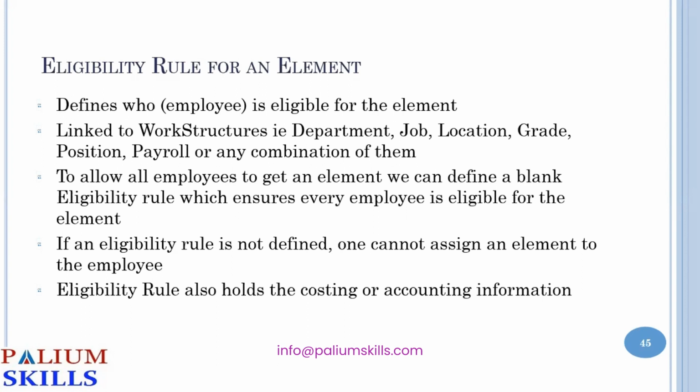Eligibility rule also holds the costing or accounting information. This is something that you must define. If you define an element but you do not define an eligibility rule, then you cannot assign it to an employee. Usually when we want to give it to all employees, we just define an element and save a blank eligibility rule. We leave it open.